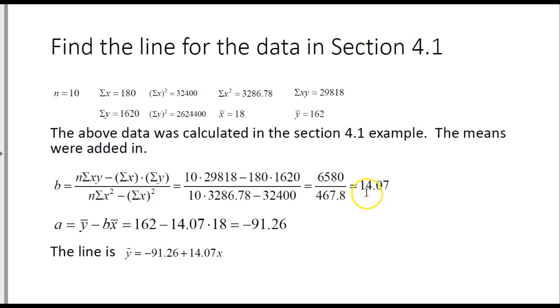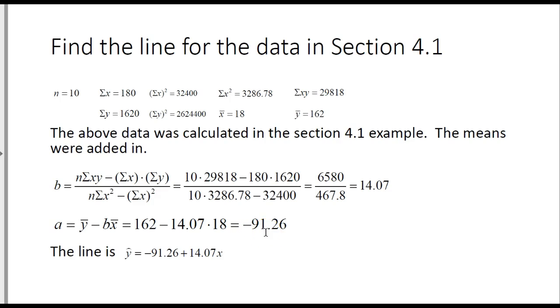Basically, that means that we get about 14 extra apples for every foot that the tree increases. Down here in the y-intercept, if I push that through, I get negative 91.26. That may be a good number for certain ranges. It may not, depending upon your example. But really, in this case, this means that if I had a tree that was 0 high, my trend line would land on negative 91.